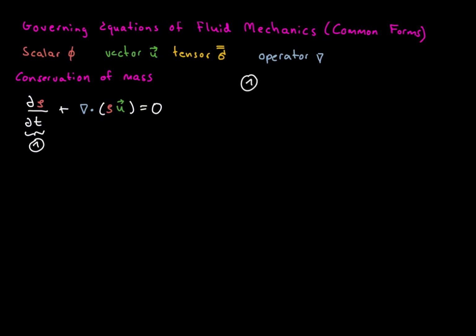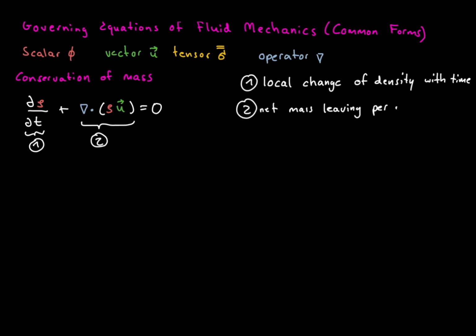The first term represents the local time rate of change of density. The second term represents the net mass flux leaving a small control volume. If more mass leaves than enters, density decreases. If more mass enters than leaves, density increases. That is all this equation says.